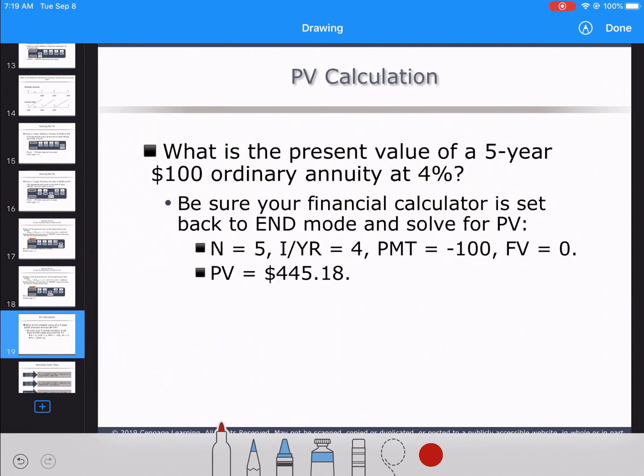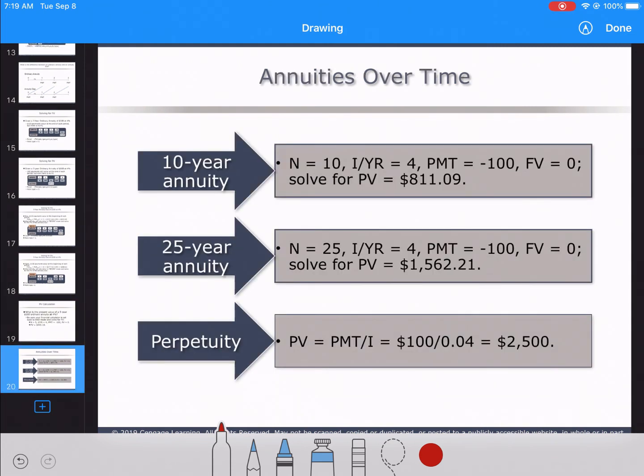Here you see 5 payments, 4%, 100 is the payment each time, and future value is 0, and we get 445. One thing that you need to understand is that the longer the annuity, the higher the value waiting for you. So these numbers are higher.